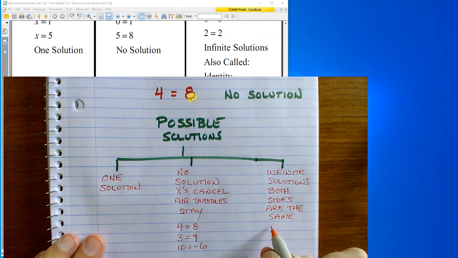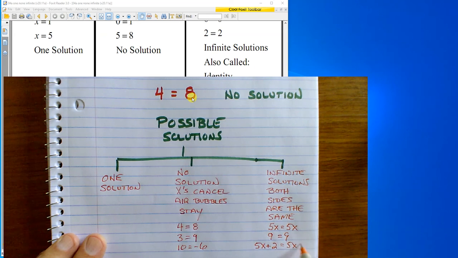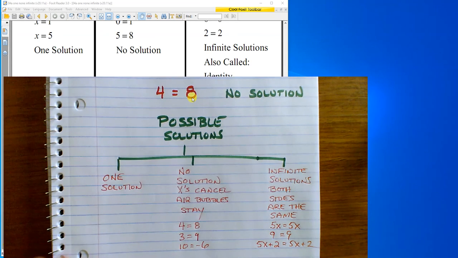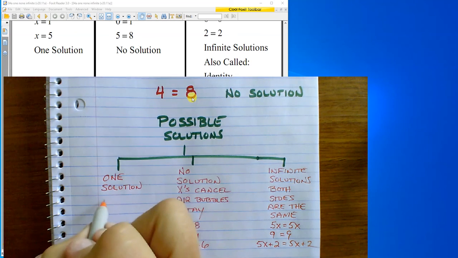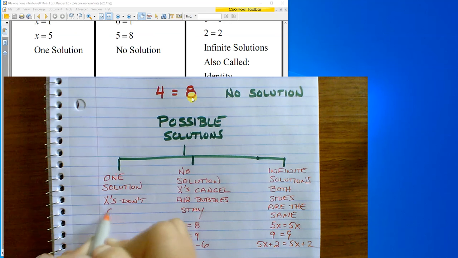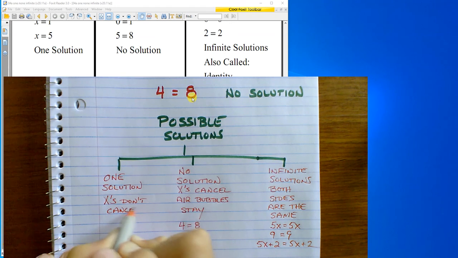And this would be things like 5x equals 5x, or 9 equals 9, or 5x plus 2 equals 5x plus 2. Both sides are the same. For the one solution, the x's don't cancel, and we can solve it.